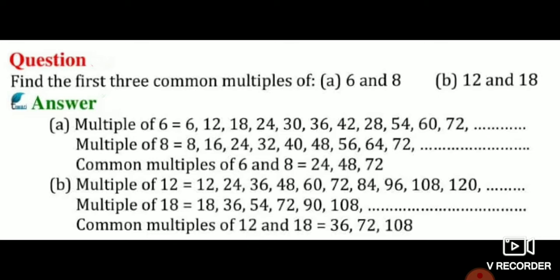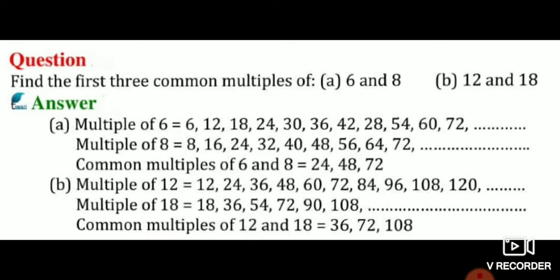Now we have to find out the multiples of 8. So 8 is a multiple of 8, because 8 ones are 8, therefore write 8. Next 16, 16 is a multiple of 8, because 8 twos are 16, so write 16. Next 8 threes are 24, 8 fours are 32, therefore write 32.